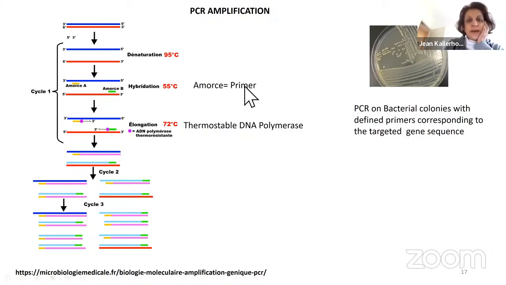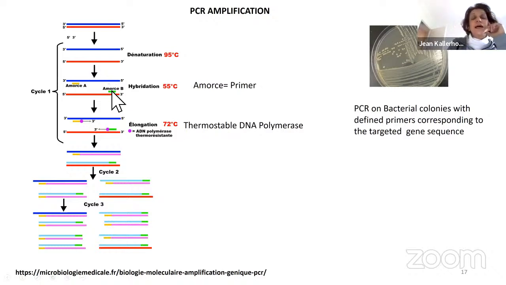It's a primer, a very small stretch of nucleotide sequence that comes here at the 3' end. And there is a very special enzyme called DNA polymerase, but this is stable at high temperatures, right?